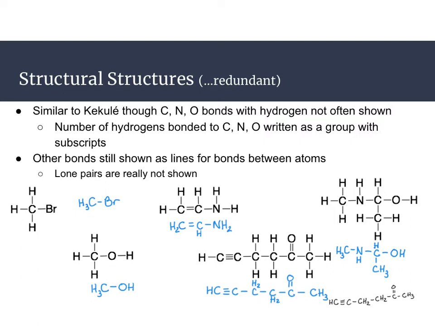So just make sure you know that these carbons are actually the ones bonded to each other and the hydrogens are bonded to the carbon. It's best to draw it like this so that you can show the carbon-carbon bonds. But again, typing this gets complicated, so sometimes you'll see it like this. If you're asked to draw a skeletal structure, or not a structural structure, you should draw it like this, but sometimes in typing you'll see it this way.